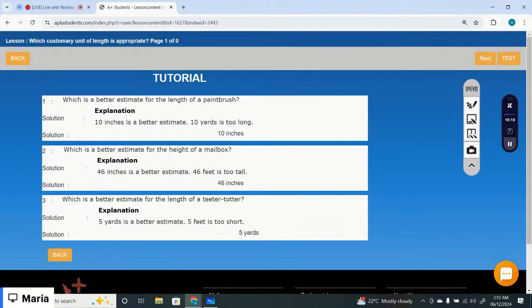Which is a better estimate for the length of a teeter totter? So you are given 5 yards and 5 feet, so that is 5 yards because 5 feet is too small. Let's just start with the test questions.